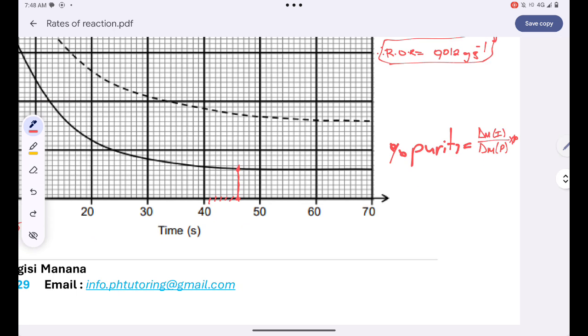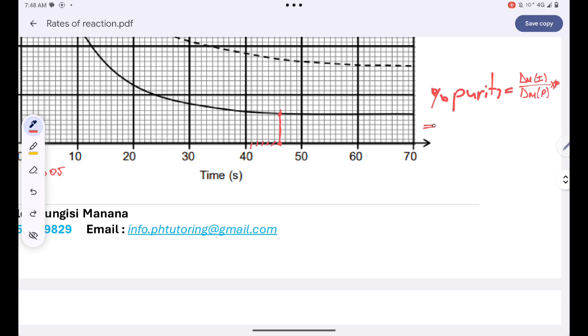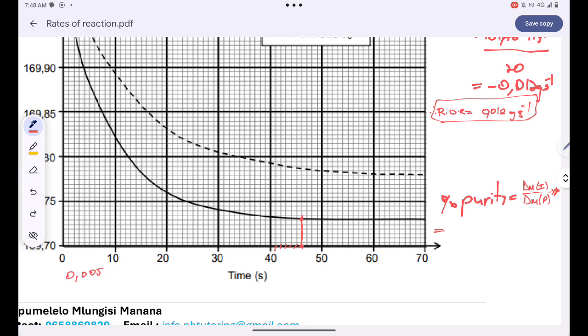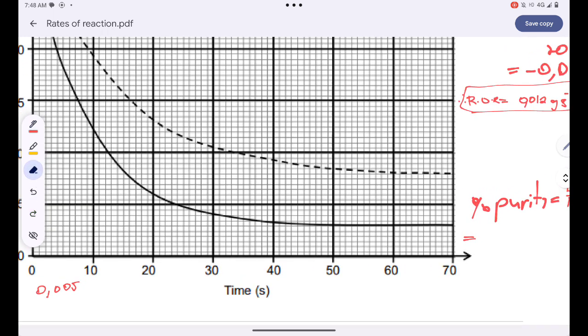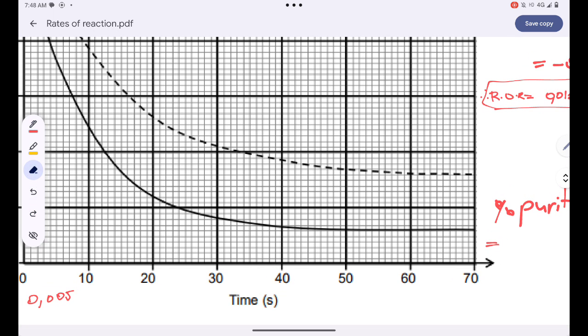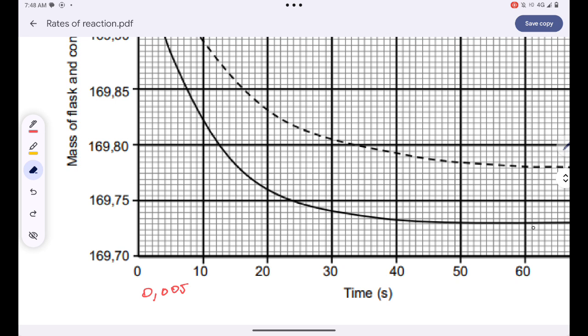Are you together? Since I don't have space, I'll write over there. Let me erase. So for the pure solution, the reaction reached completion over there.